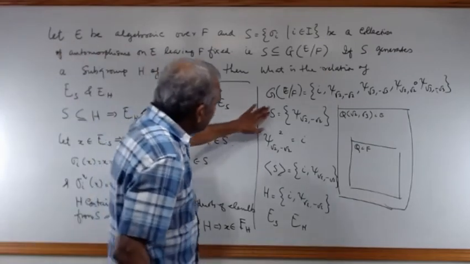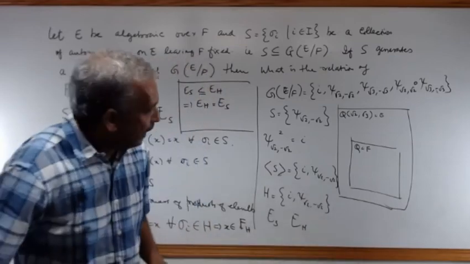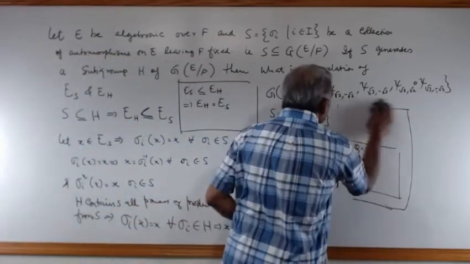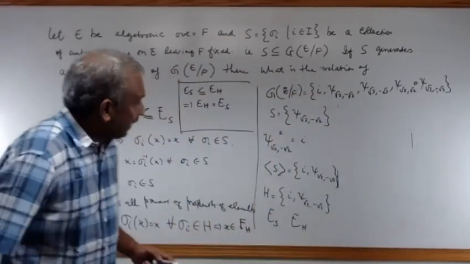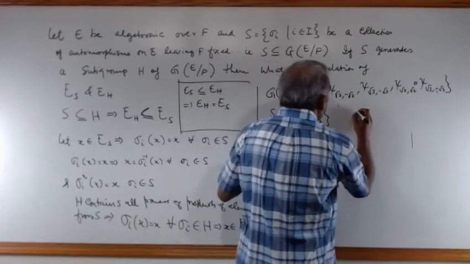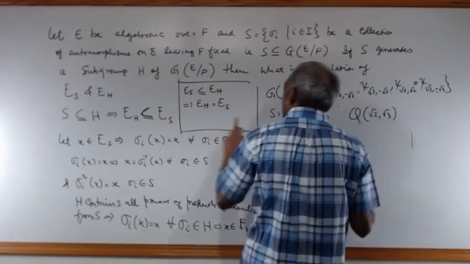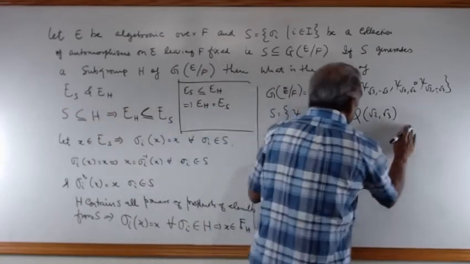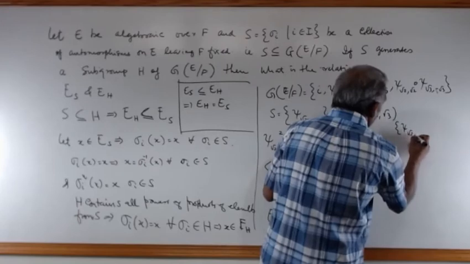Coming back to our example, what is E_S? It is the fixed field in Q(root 2, root 3) of S, where S is just sigma of root 2 comma minus root 2.